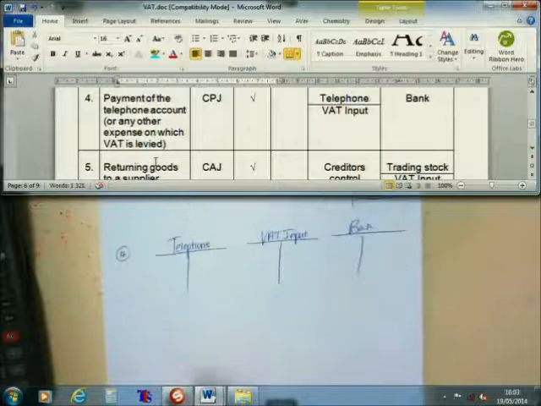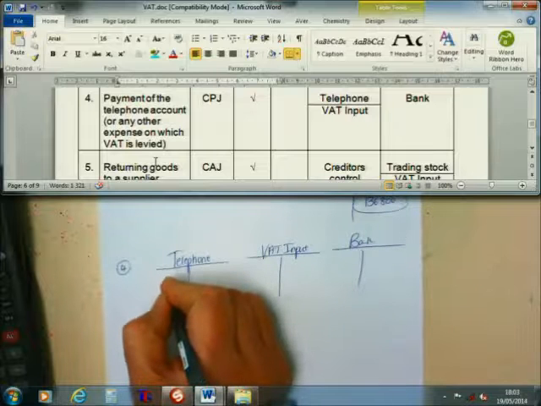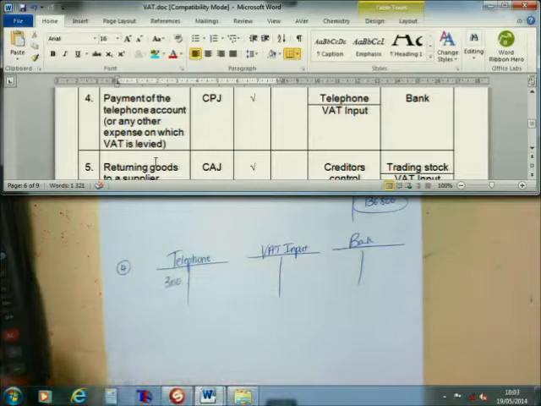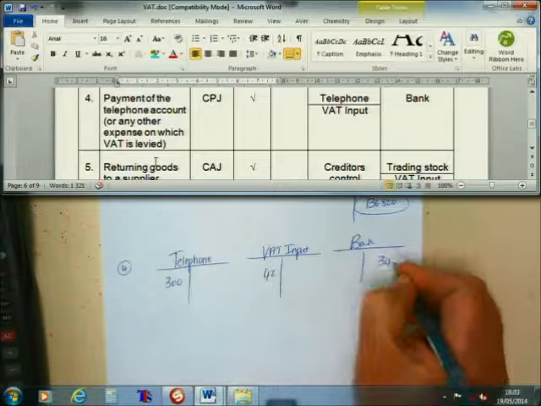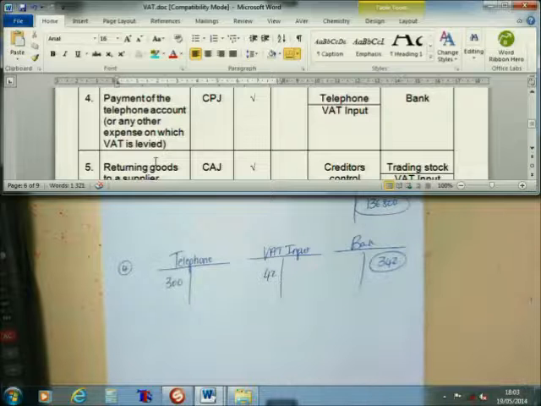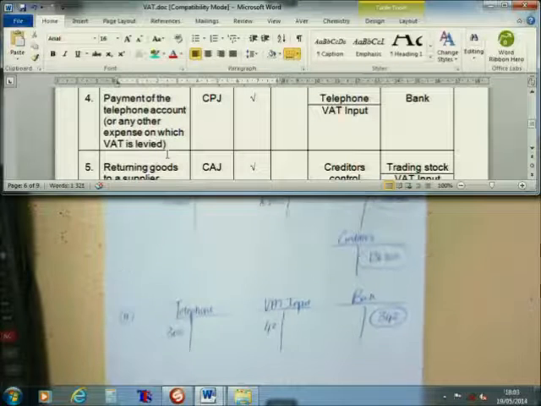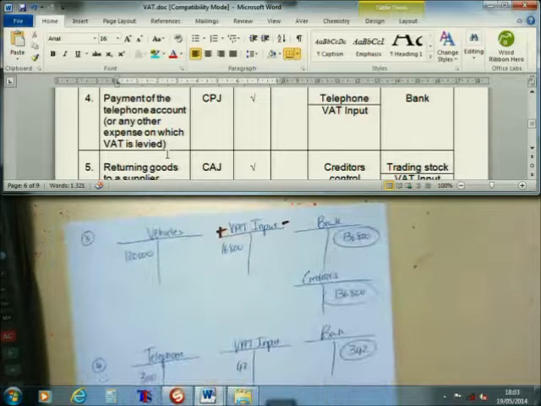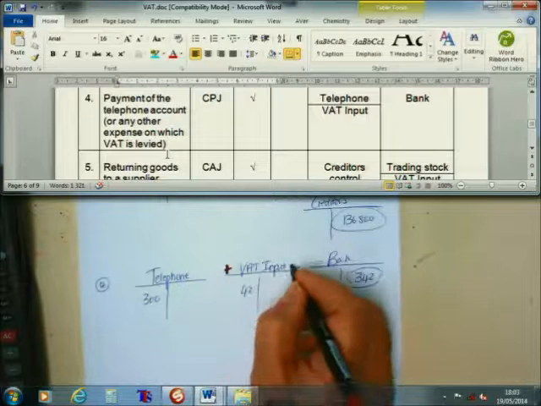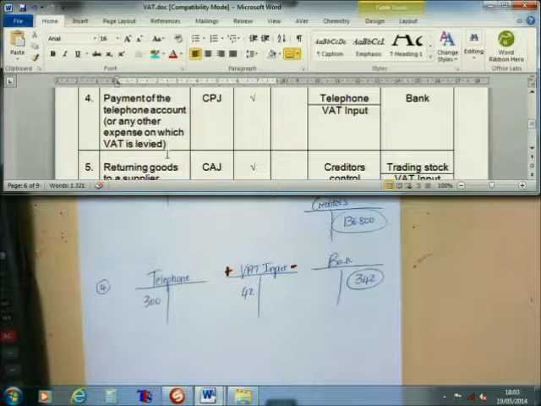So we say that the telephone bill was 300 Rand. 300 times 14% gives you 42 Rand. And we paid 342 Rand. Can you see that we're busy with VAT input, where we bought the vehicle and where we receive the service.